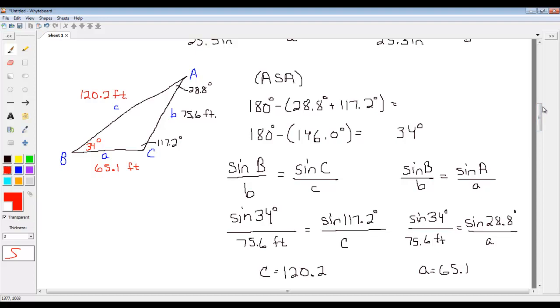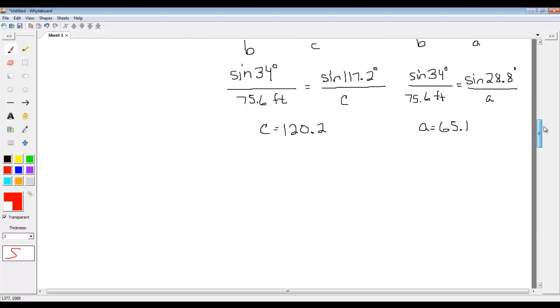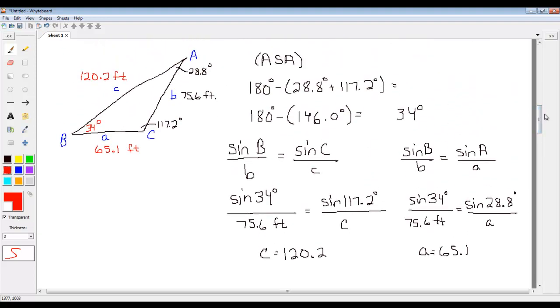But if we only know one angle, let's say we know an angle and its opposite side, and know another side, we could still use law of sines, but we have to be very careful because there's going to be several situations that could occur. There could be 0 possible triangles that fit, there could be 1 possible triangle, or there could be 2 possible triangles. So we've got to be very mindful as we're working it out and making sure we know what situation's coming up and what to do about it.